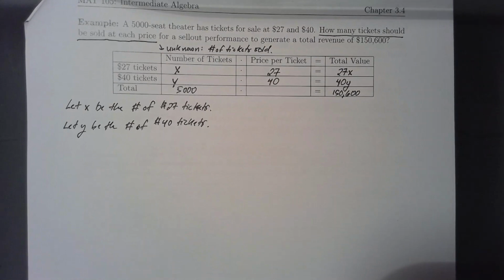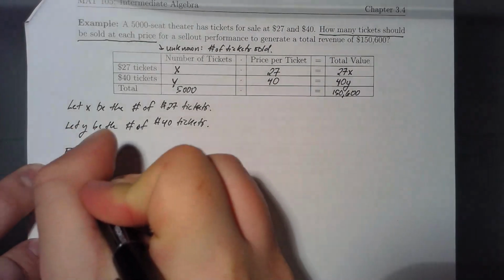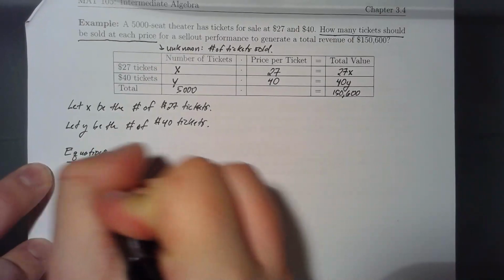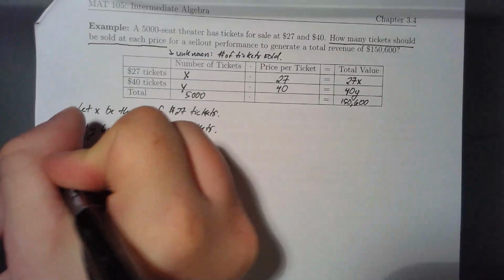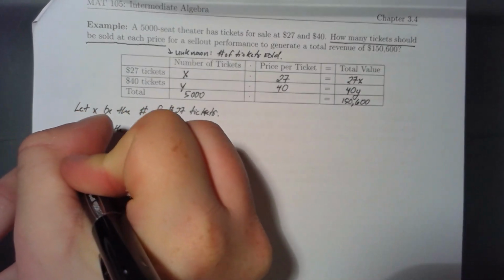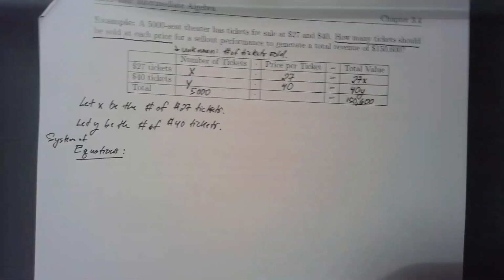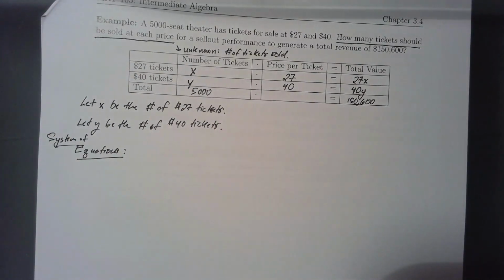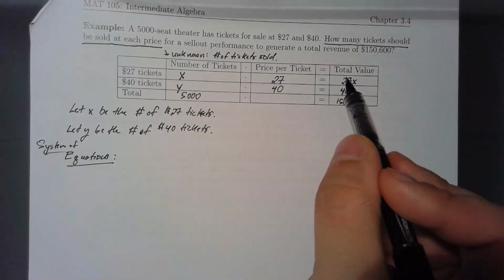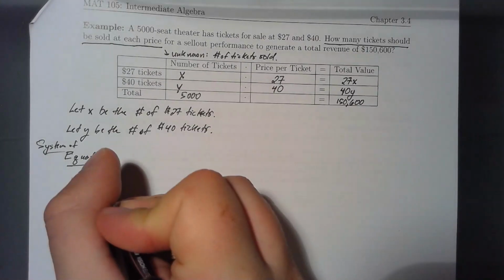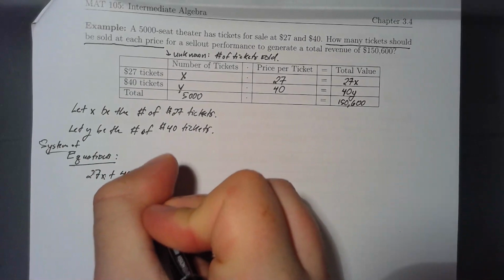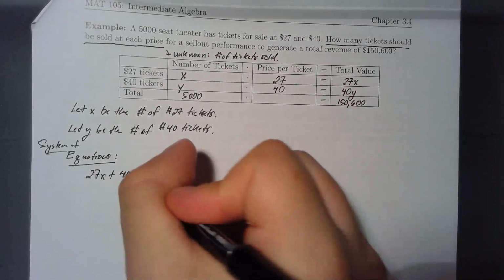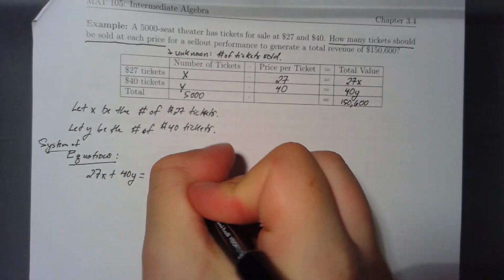All right, so now let's make our system of equations. So here's one equation, 27x plus 40y equals 150,600.